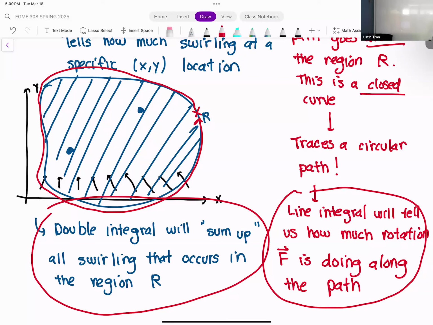On the one hand, we're taking all the little tiny rotations and summing them up with the double integral. On the other hand, we're just going around the boundary. Since the boundary is circular, we're finding out how much F aligns with that circular path and summing that up. So Green's theorem basically tells us that these two things are equivalent to each other.